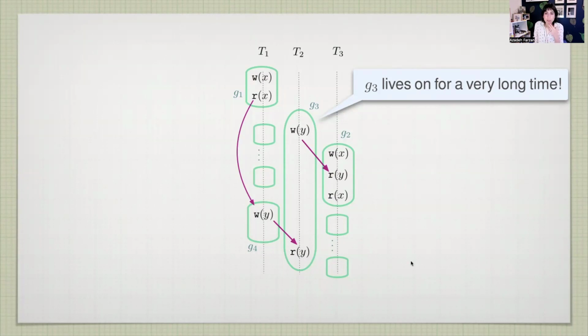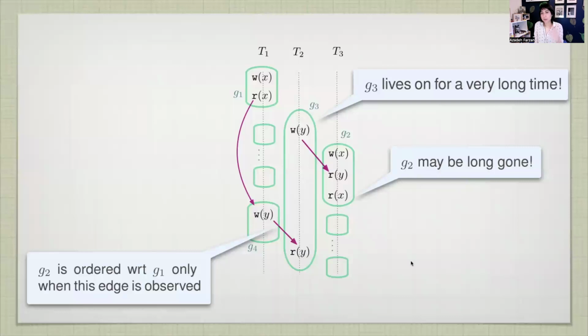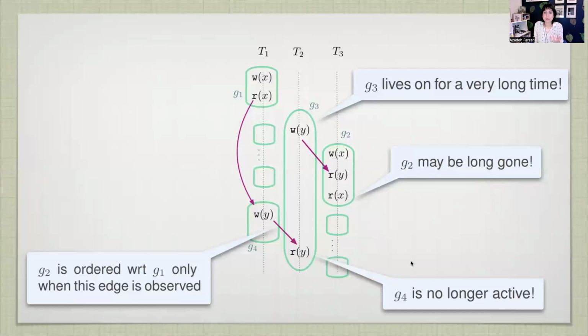But the trouble that it's causing is that for me to observe that G1 is before G2, in the order of the things that I see in a streaming fashion, I would only establish it when I see the last pink edge. But think about when that last pink edge comes. It comes at a point that G2 itself is gone. More importantly, G4, by the time that I want to establish this edge, has ended, because G4 ended here, and then I saw the rest of G3 coming, including this read, and I wanted to establish this.